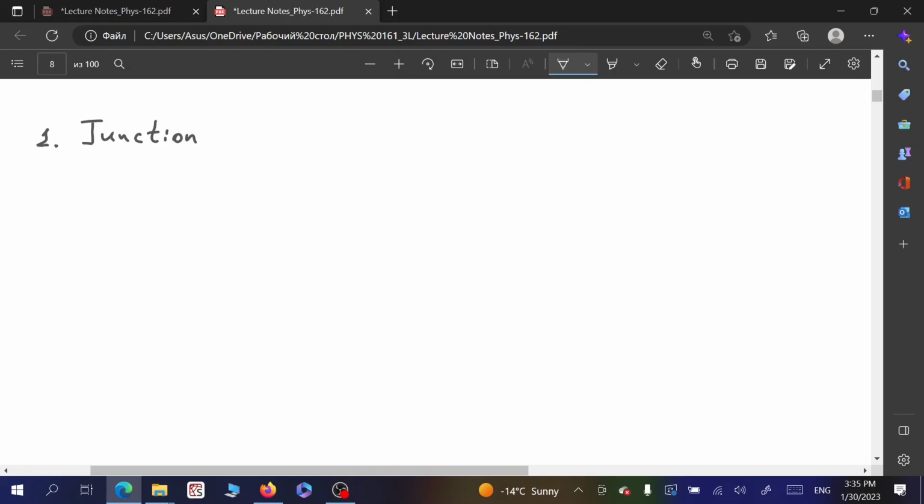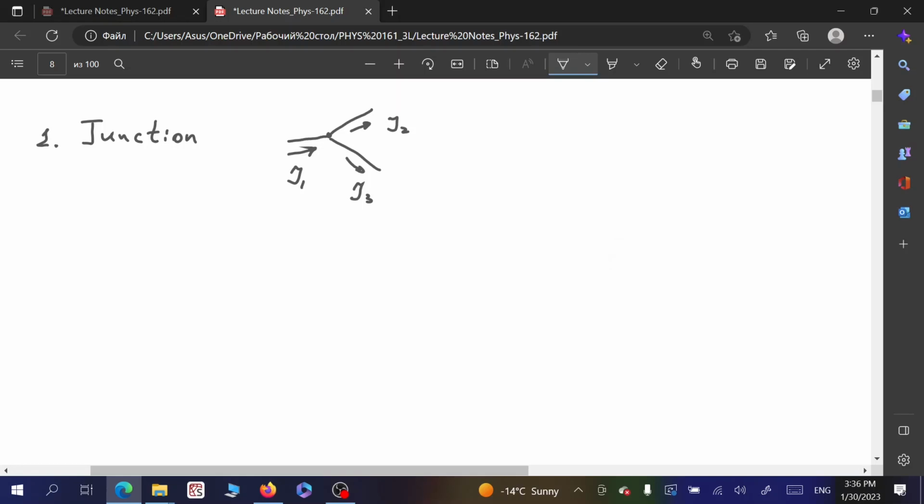So in this case, we can show, for instance, this is our junction, like some point of electric circuit, and this is current I1, this is current I2, and this is current I3. We consider those which are going into the junction as positive, those which are coming out from the junction as negative.